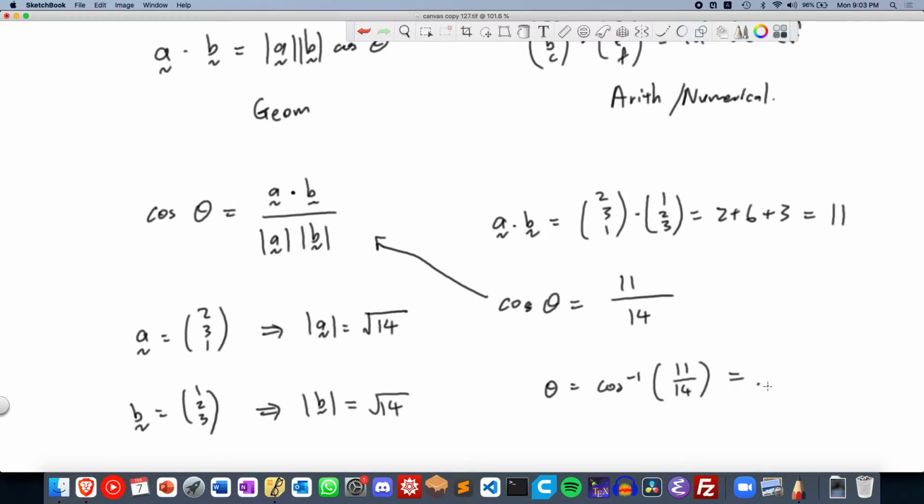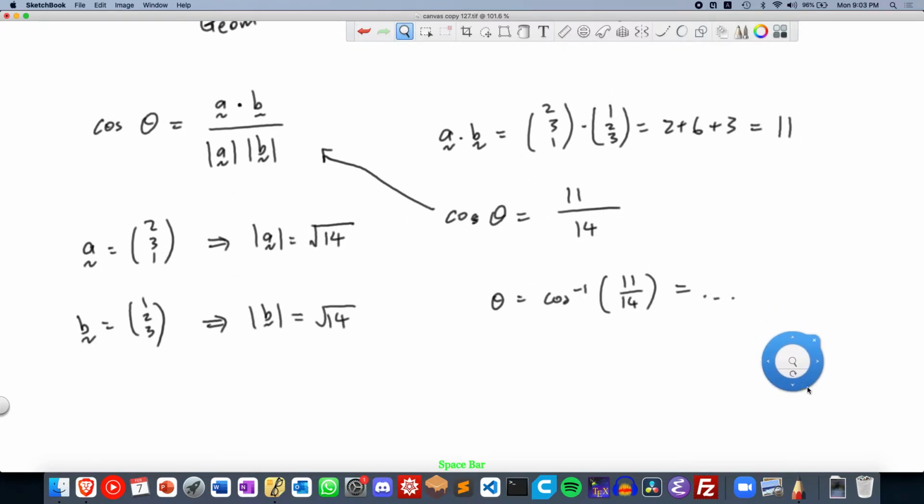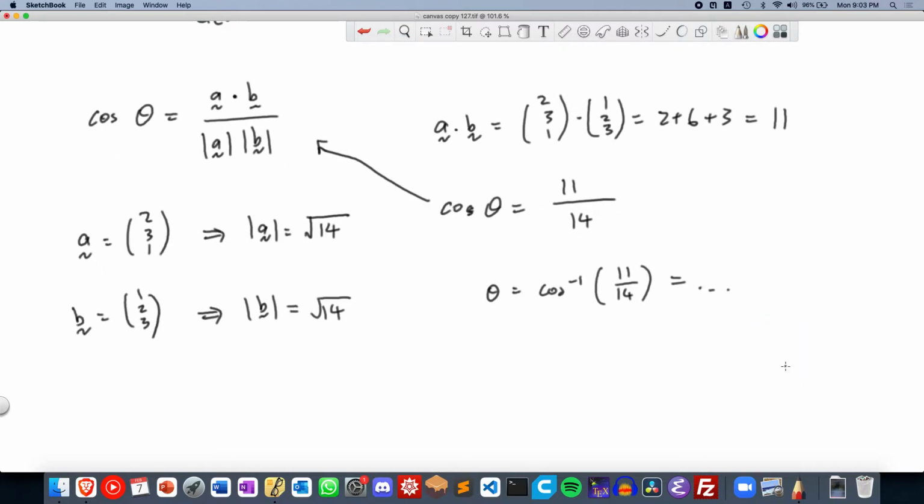You can plug this into a calculator, and from the value you can deduce that the angle between the two vectors is acute, because this is a positive value.